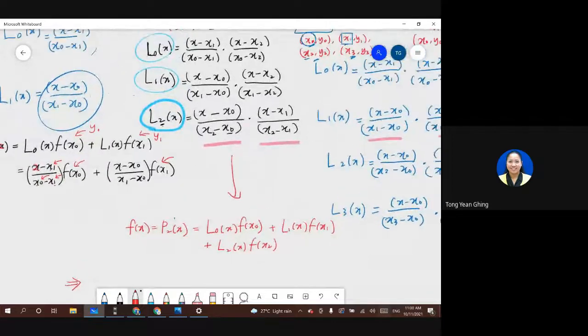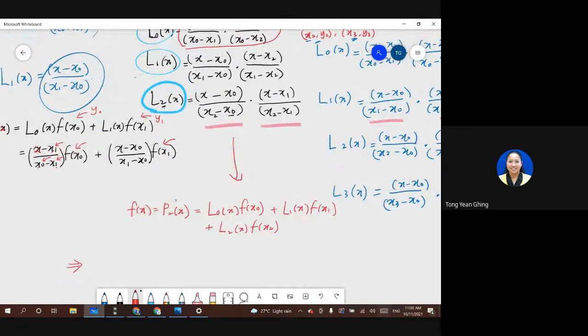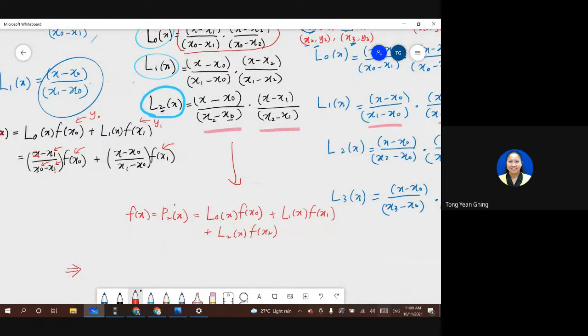If we expand again, copy from above, bring the whole thing here. So it becomes x0 minus x1, x minus x0... times x0 minus x1, x minus x1.